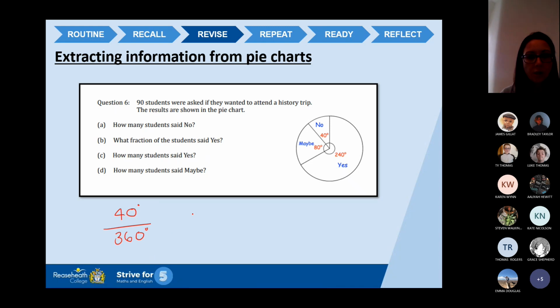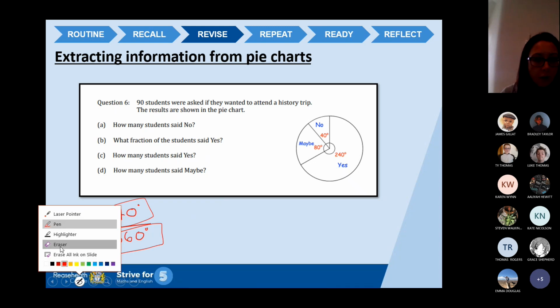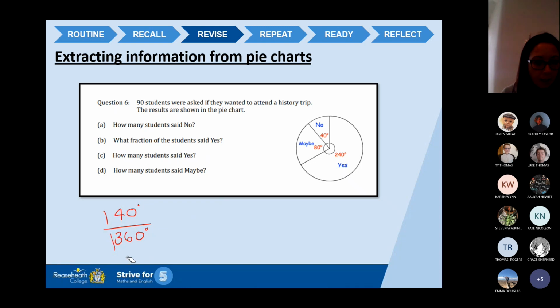Okay, so you can do this on your calculator. You can either do it as a fraction button. If any of you have got access to a scientific calculator, you can do 40 like this in the fraction button. If you haven't got your scientific calculator, don't worry because you can just literally do a divide. So 40, remember that this line is divide.